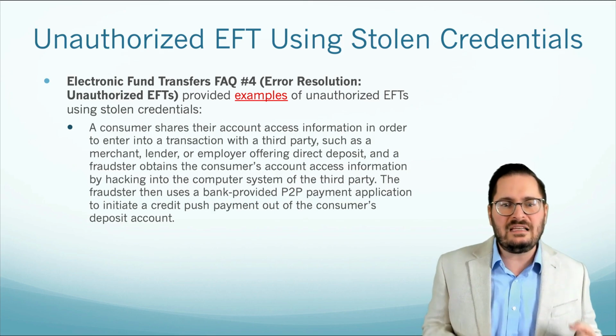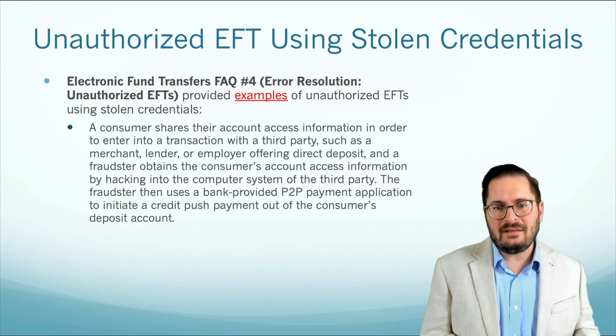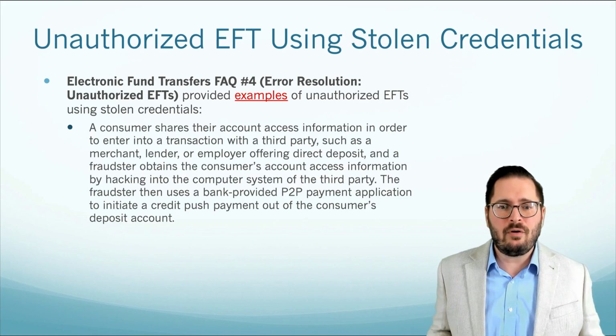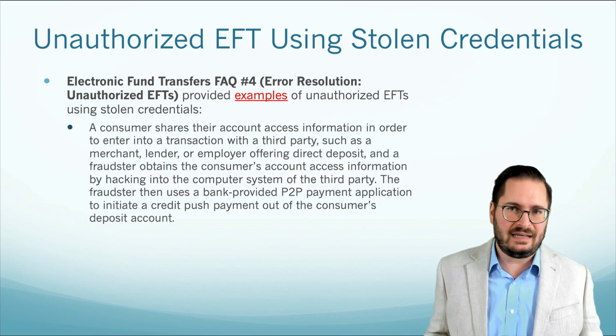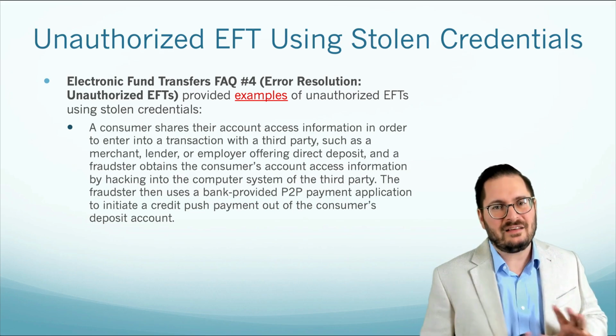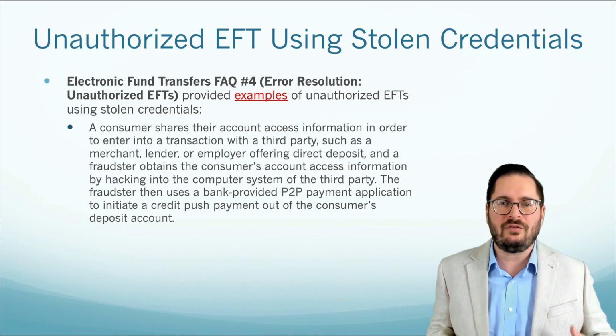The fraudster then uses the bank-provided payment application to initiate a credit push payment out of the consumer's deposit account. That clearly was obtained through fraud, and that would provide the consumer with some liability protections and qualify as an unauthorized EFT.